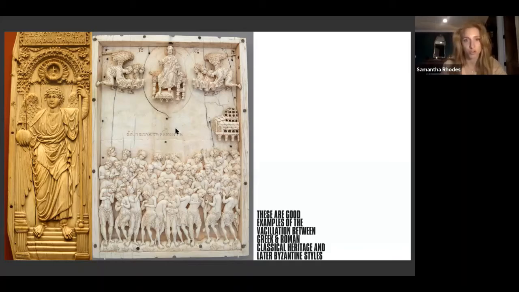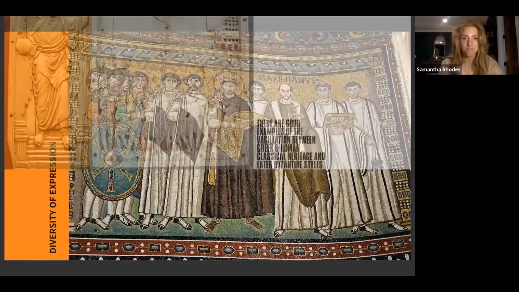This is a spiritual realm. This is a higher realm than where the viewers are viewing these pieces right now. This is a good example that artists were still very good at what they did, but they were incorporating a particular style in order to reflect theological ideas.